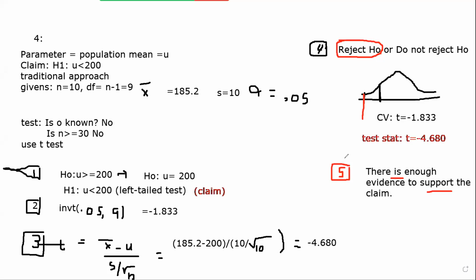Okay. So we're gonna, let me get another whiteboard here. This is number 11. So here we are, number 11. All right. So we're going to do our thing here. We're going to say that the parameter is the population mean mu. Okay, population mean mu.